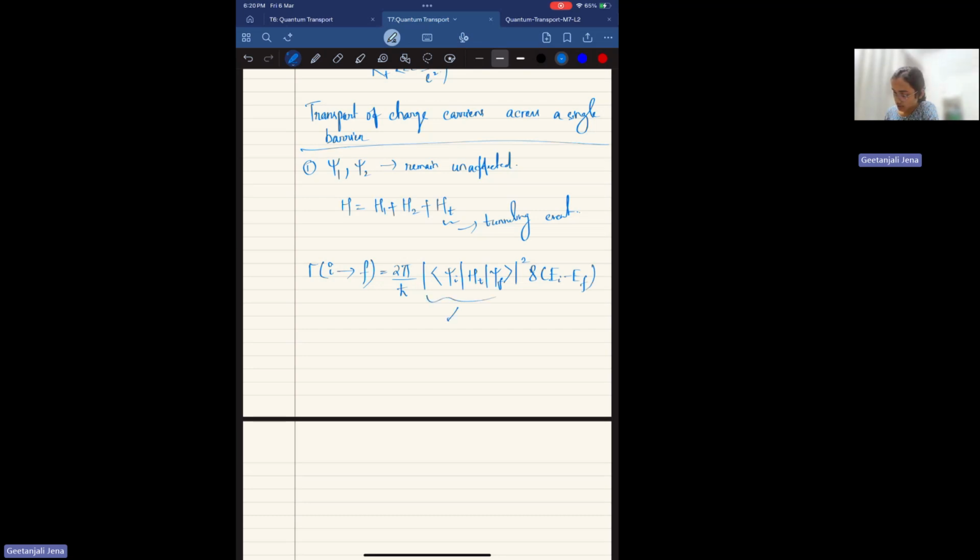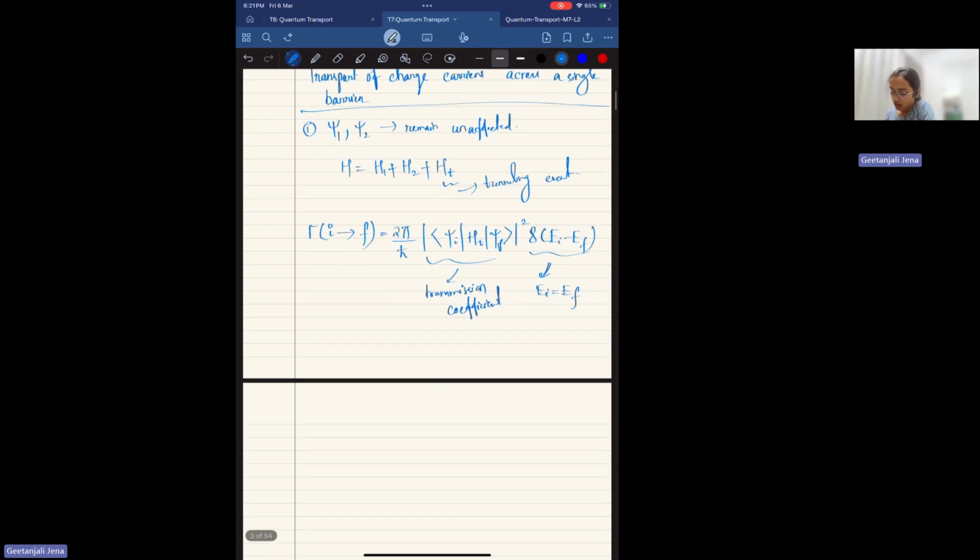So this is the transmission coefficient. And the delta indicates that the transition probability, or the transmission probability, is non-zero only when E_i is equal to E_f. So only when the initial state matches with the final state will we see a non-zero transmission probability.